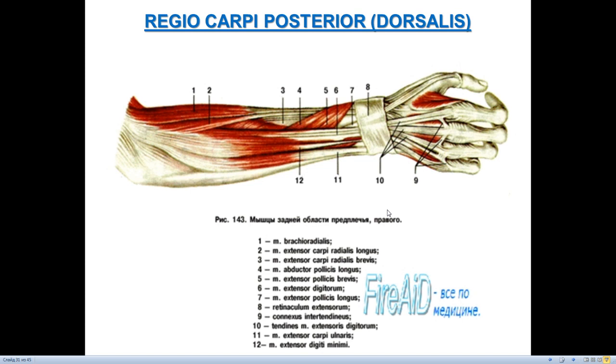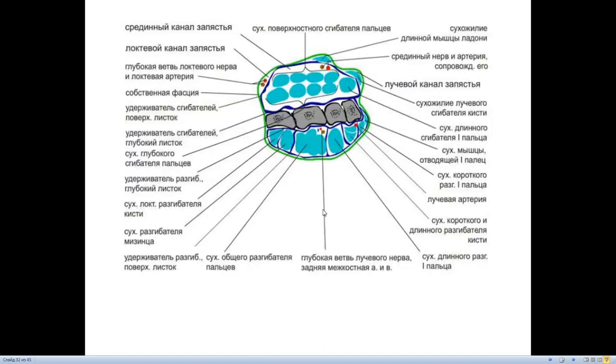Third one, pass tendon of the extensor pollicis longus. In the fourth canal, pass tendons of the extensor digitorum and extensor indicis, and also the interosseous nerve. In the fifth, pass tendon of the extensor digiti minimi and tendon of the extensor carpi ulnaris muscle.